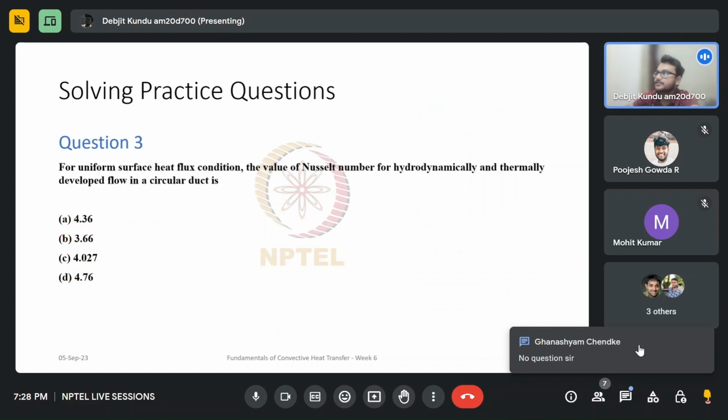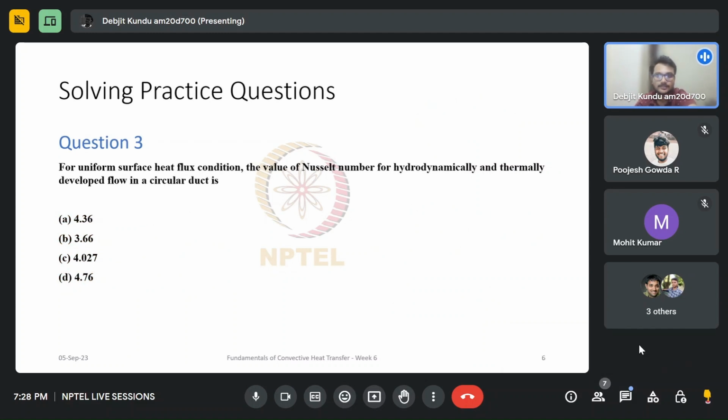We will move on to question number 3 of today's session, which is asking us that for uniform heat flux condition, the value of Nusselt number for hydrodynamically and thermally developed flow in a circular duct is what? So we saw this in one of the lectures in week 6, that for a fully developed hydrodynamically as well as thermally developed flow in a circular duct, what was the value of the Nusselt number? And Nusselt number with respect to d, the diameter of the circular duct.